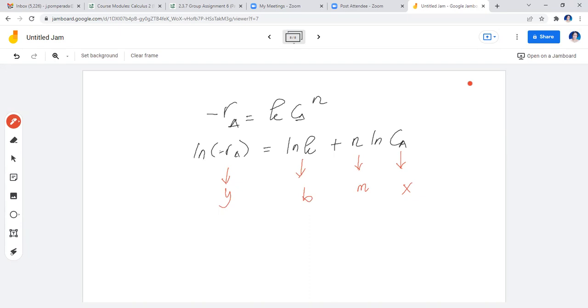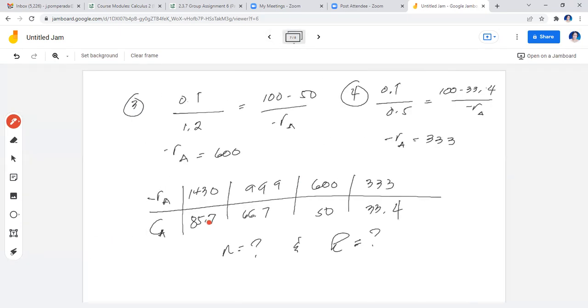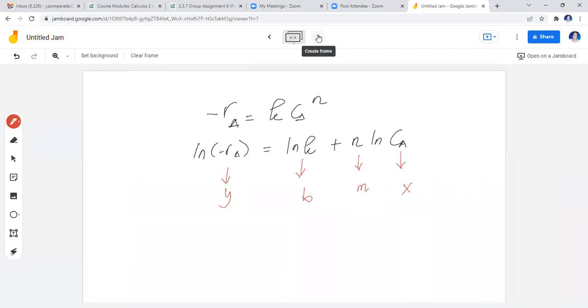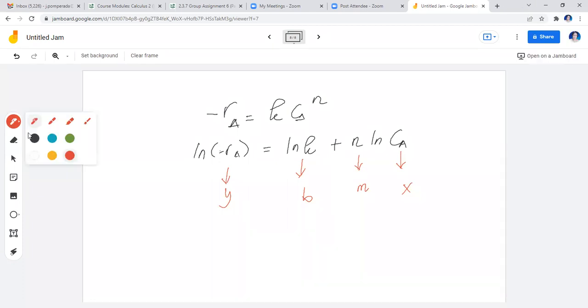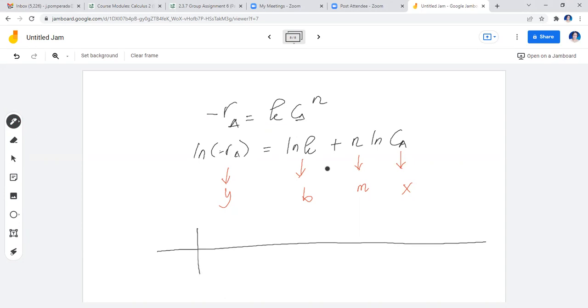So you are going to go back to this pair of values that you have and get the ln of RA and the ln of CA. We'll have another table here having 2 rows, but this time you will have the ln of the rate and the ln of the CA.